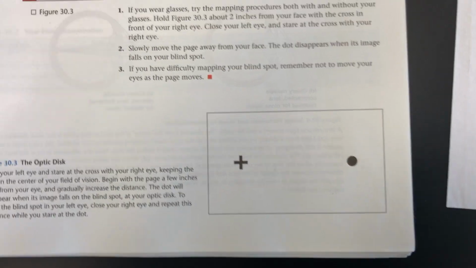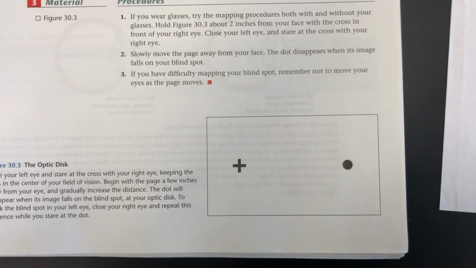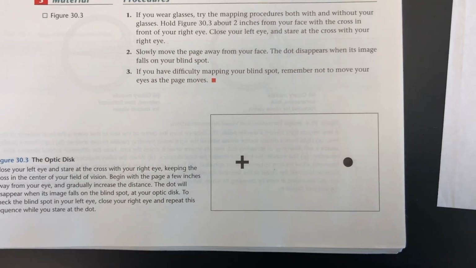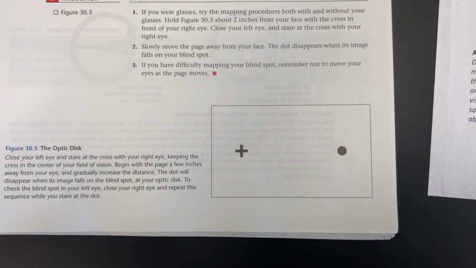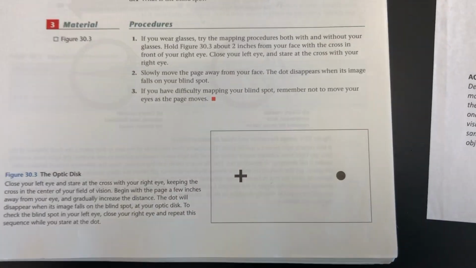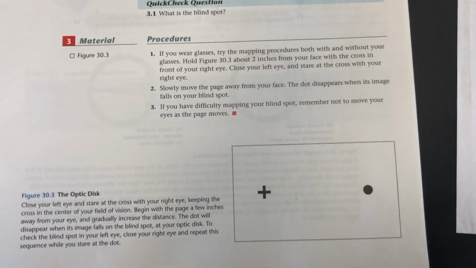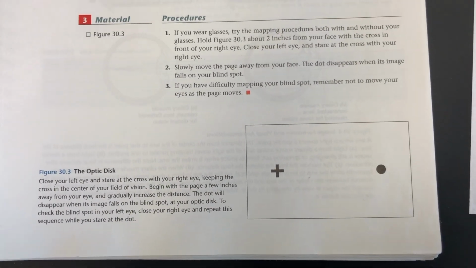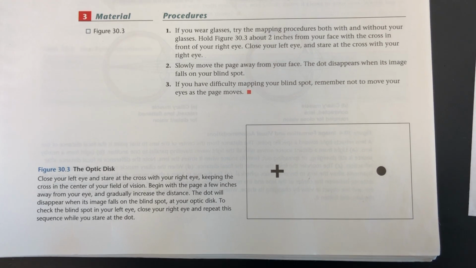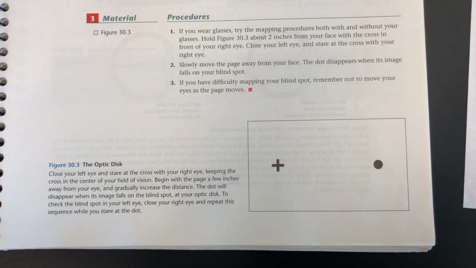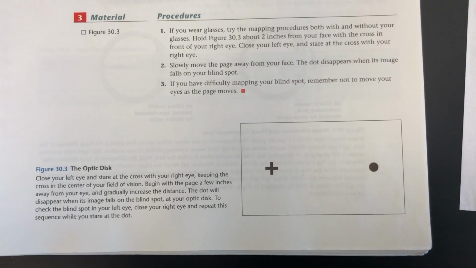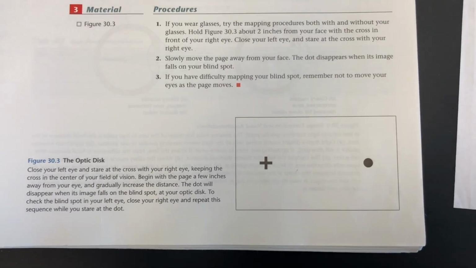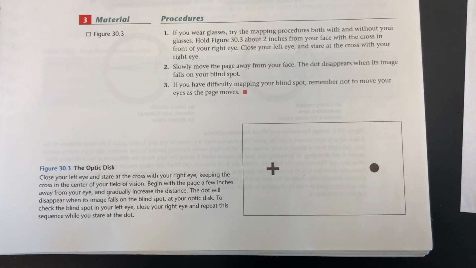And you can only do this with one eye open, because if you look at it with both eyes, you're engaging your binocular vision. So what you do is you close one eye and you stare at one of the objects there, either the circle or the square or the X, depending on which one it is, and at a certain distance, one of those objects will disappear. But you have to keep your eye fixed on one of the fixation points, either the circle or the cross.